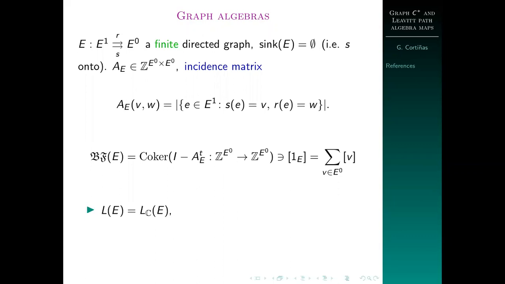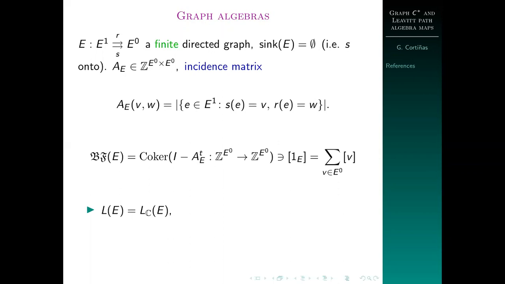I will write LE for the Leavitt path algebra of E over the complex numbers. This is generated by, it has one generator for each vertex and two generators for each edge. One, the edge itself, and the other one, the involution applied to the edge.